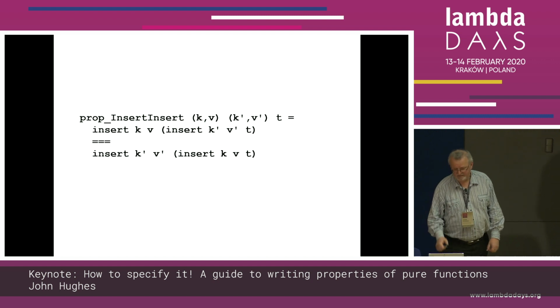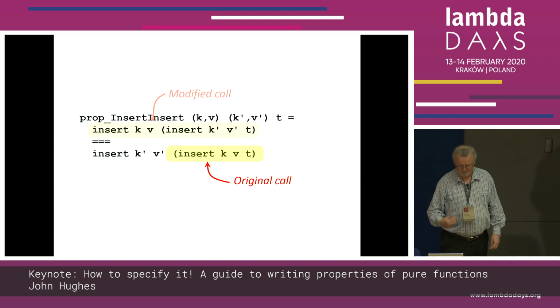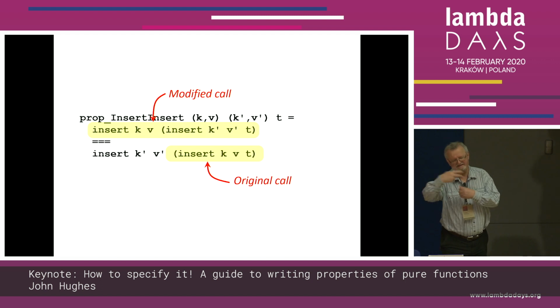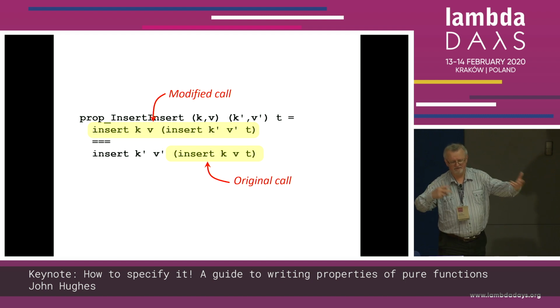When I write the property down, it's always going to relate two calls of insert. So I've called it insert, insert, because we're testing insert with an insertion into its argument. So here is the first call, the original call I wanted to test. Here is a modified call, where I've given it a slightly modified argument. And then there should be some relationship between the two.